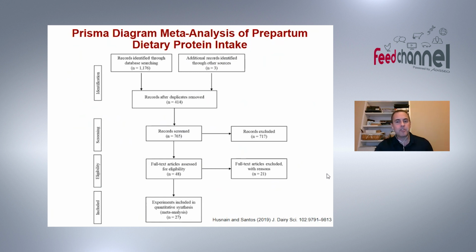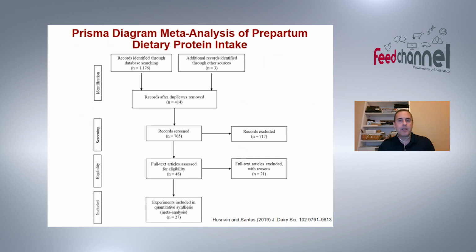We did the exact same exercise as I had shown you before for collecting data in the literature from published randomized experiments in which the cows were supplemented or not with choline. We did the same with protein prepartum. But now these experiments had to feed different diets prepartum and manipulate only protein, either the amount of protein in the diet, the degradability of the protein source, or supplement amino acids, but only prepartum.